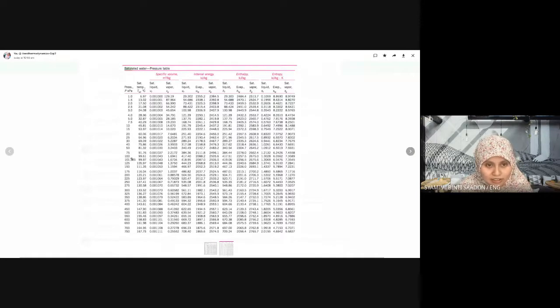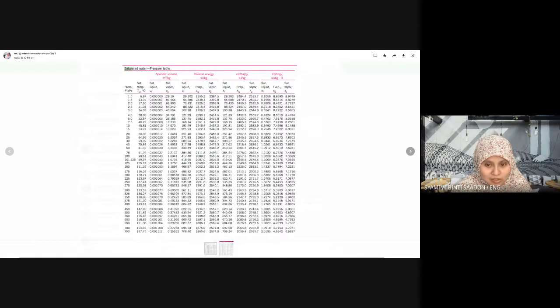So enthalpy for 100 kilopascal just now, HFG. Okay, we take the evaporation enthalpy, because the water is in the vaporization process.